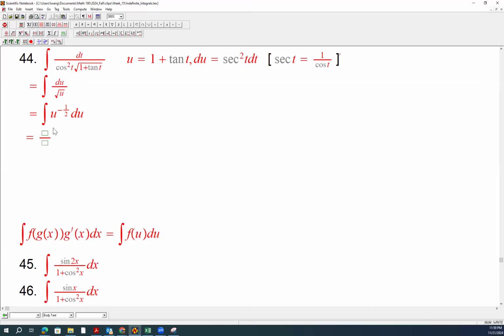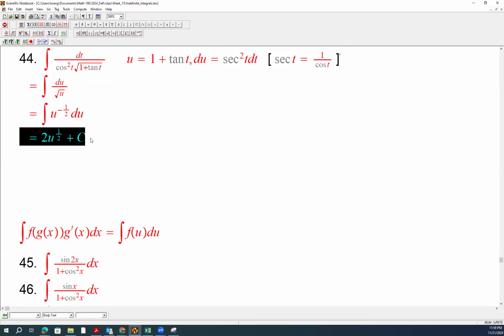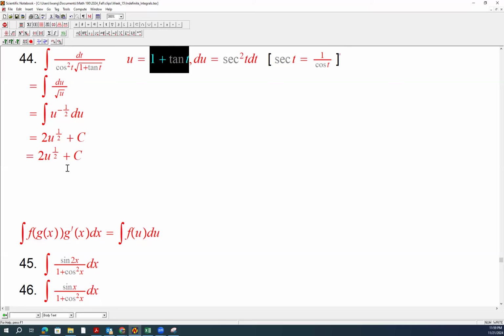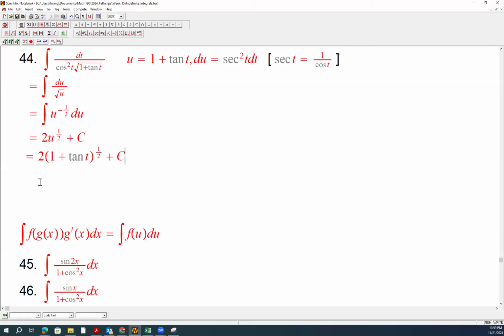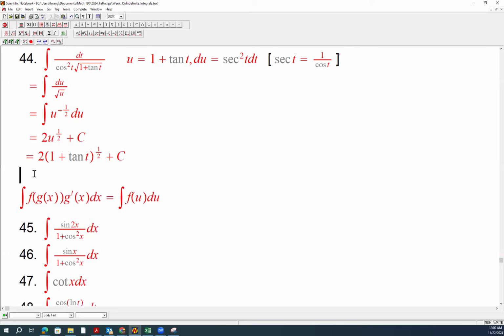So that's going to be 2 times root u, without making a mistake, plus a constant. I think we're good. And last but not least, replace u. There we go.